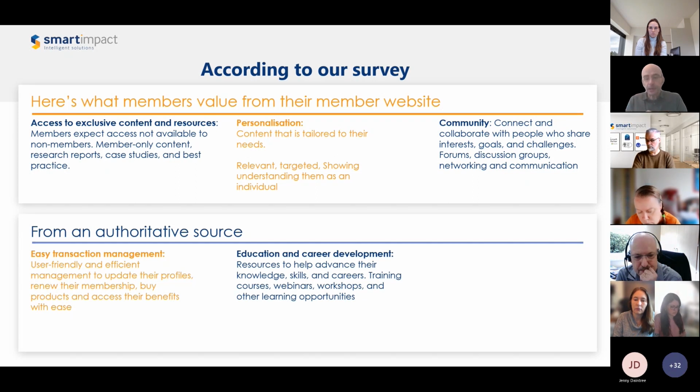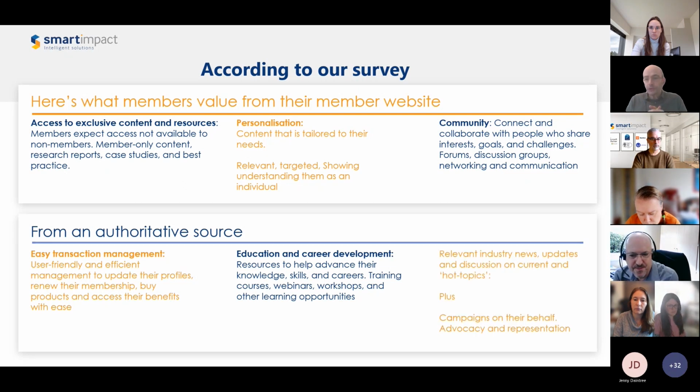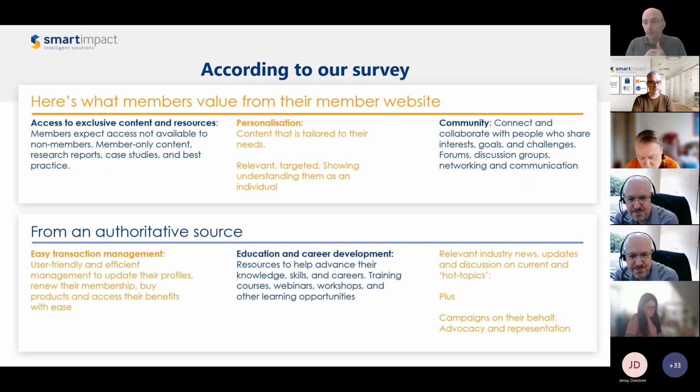Obviously, from a B2B perspective, that's less urgent. From an individual membership perspective, it's very much one of the main things that people value. And then, of course, industry news, topics and current areas of what's happening in the world, plus seeing their membership body campaign on their behalf.